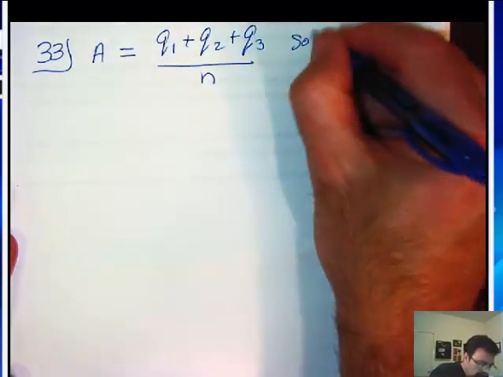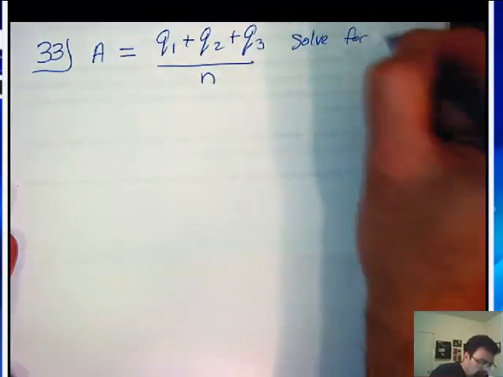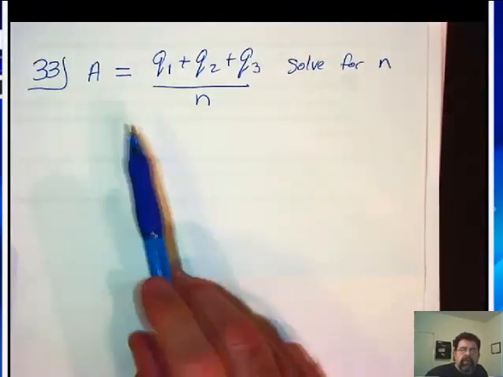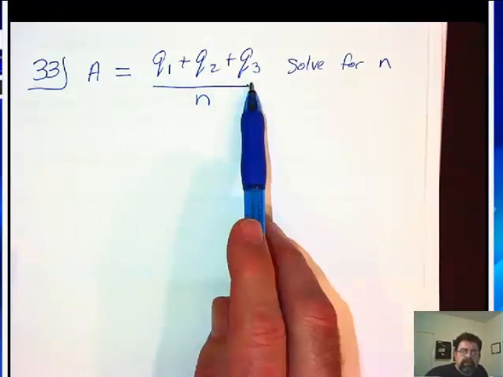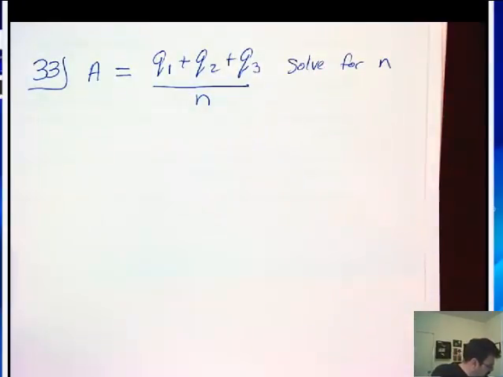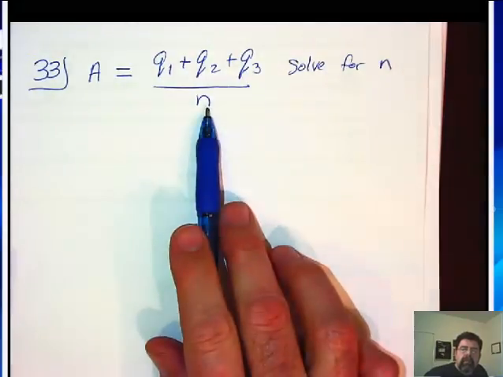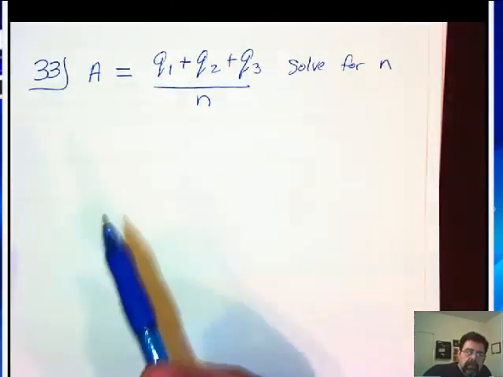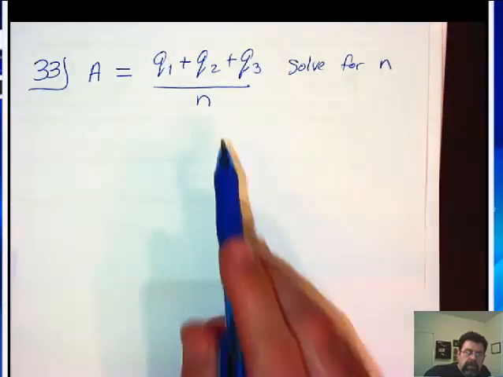Solve it for n. Okay, so this looks like a formula for averaging three quantities. And n would be, in this case, probably 3 because you got three quantities. All right, so we want to solve it for n.